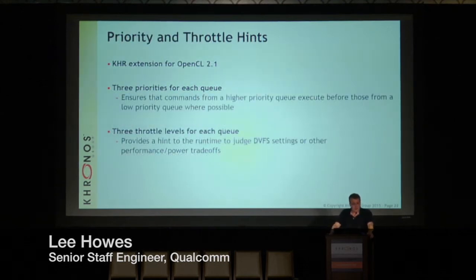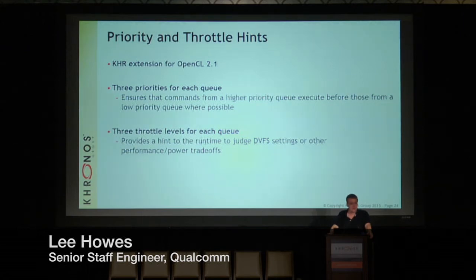Then, as extensions, we've added the ability to define priorities and throttling modes for host queues. So you can say that commands from a high priority queue should execute before a low priority queue where possible. And throttling levels, so that the system knows that particular tasks are okay to run more slowly if you're going to hit voltage and frequency scaling requests.